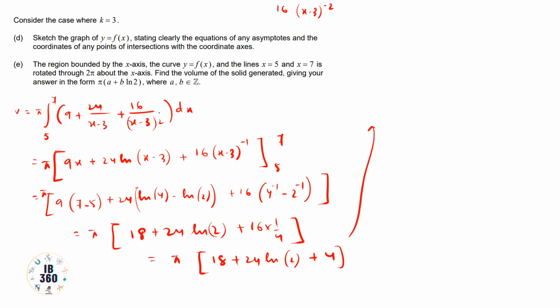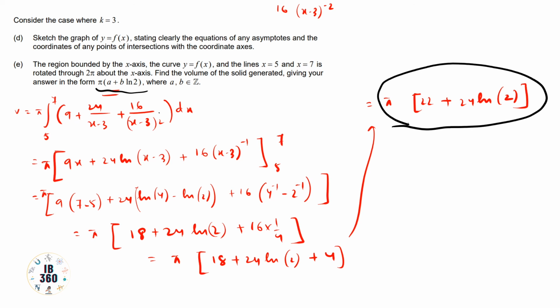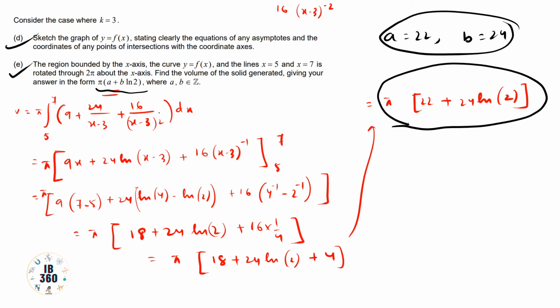So the equation becomes pi times (22 plus 24 ln 2). We need to find these two values, and from here I can say a equals 22 and b equals 24. So the last problem is also done.